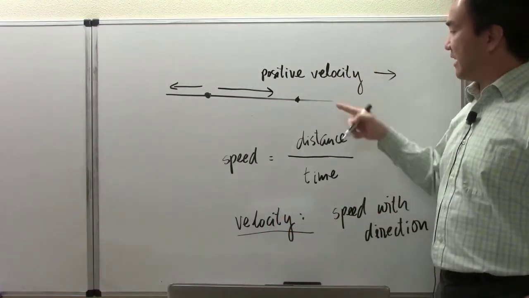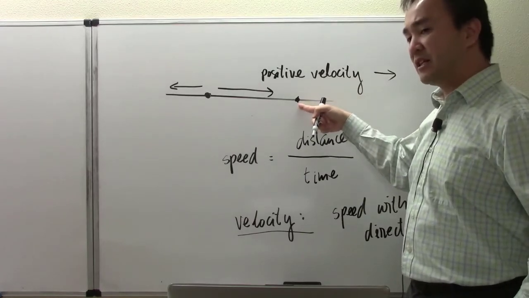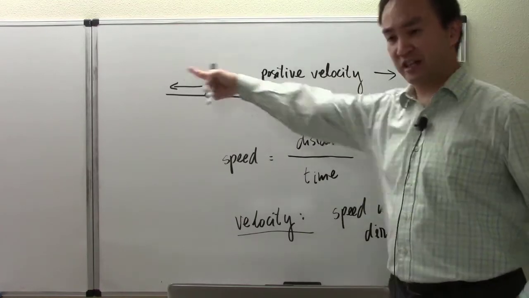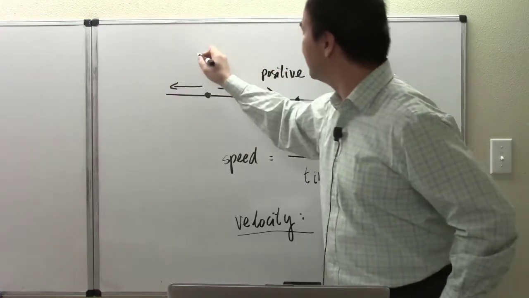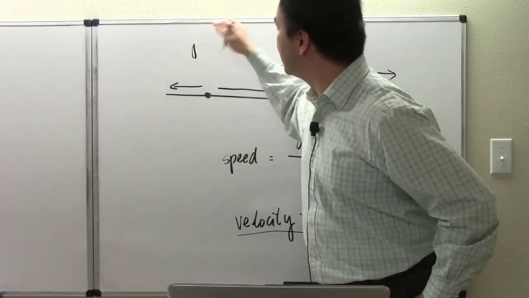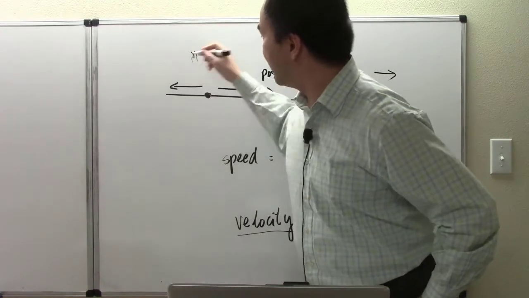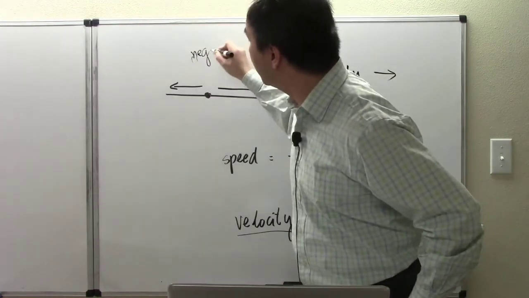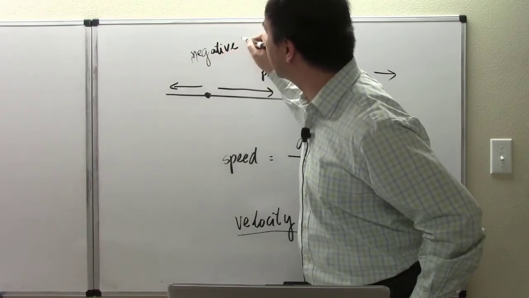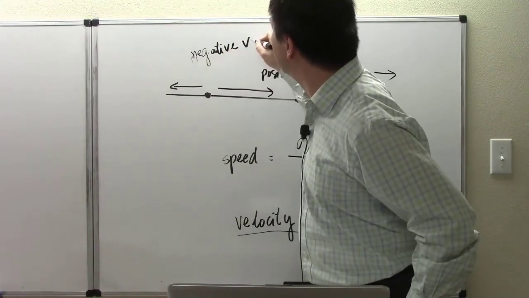And if that particle after some instant changes direction and starts heading back home, then heading in that direction, we call it negative. Our velocity there is a negative velocity.